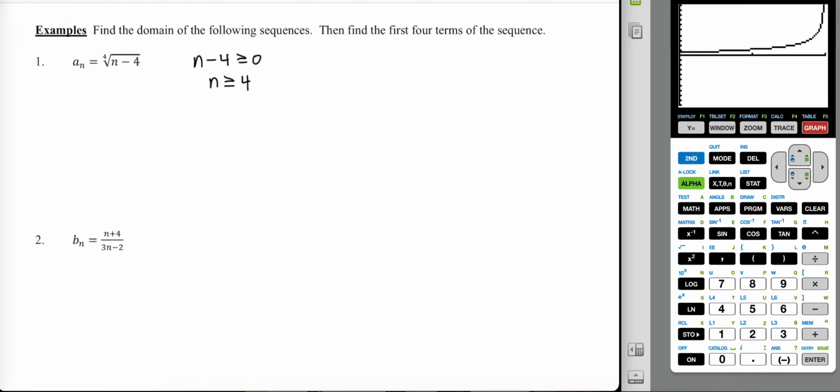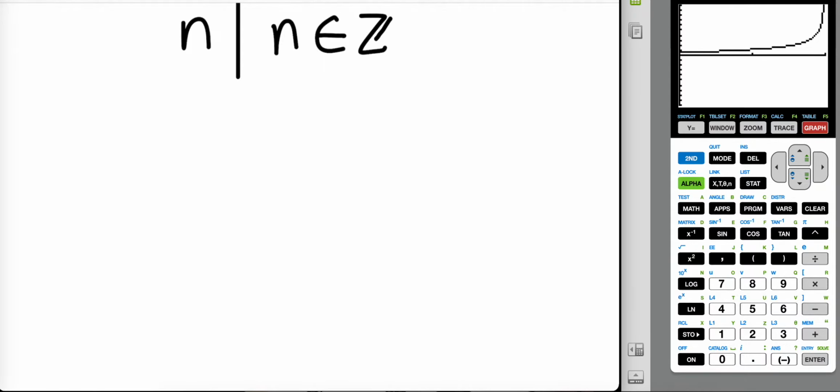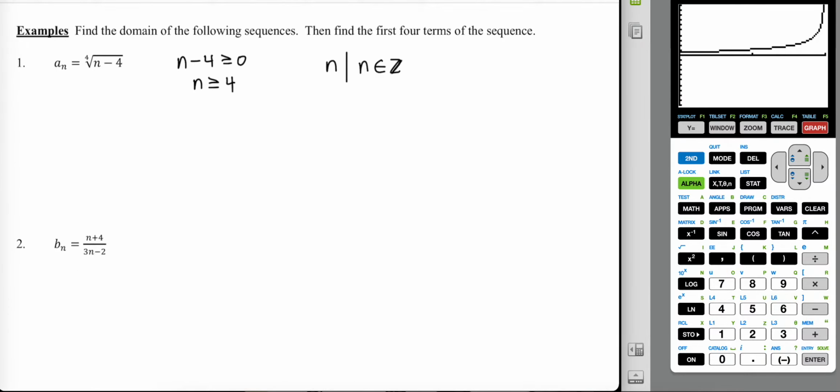The way we would state our domain would be that we're working with n such that n belongs to the set of positive integers. The integer symbol is just kind of a funny z with an extra crosshatch, or at least that's how we draw it, with a little plus sign. It's got to be a set of positive integers, but also n has to be greater than or equal to 4. So that would be our domain.